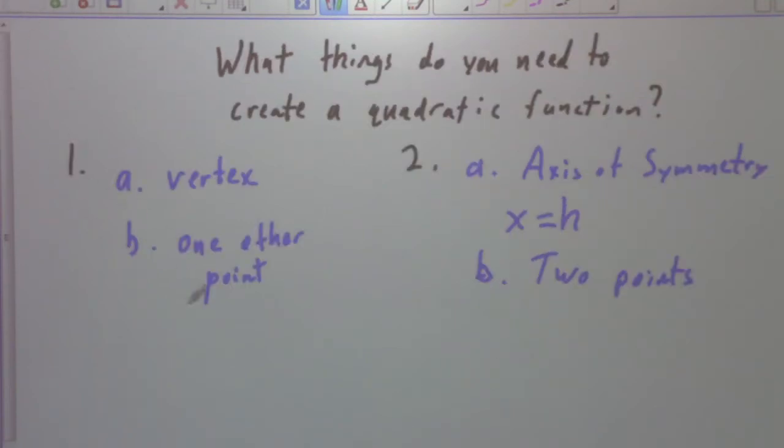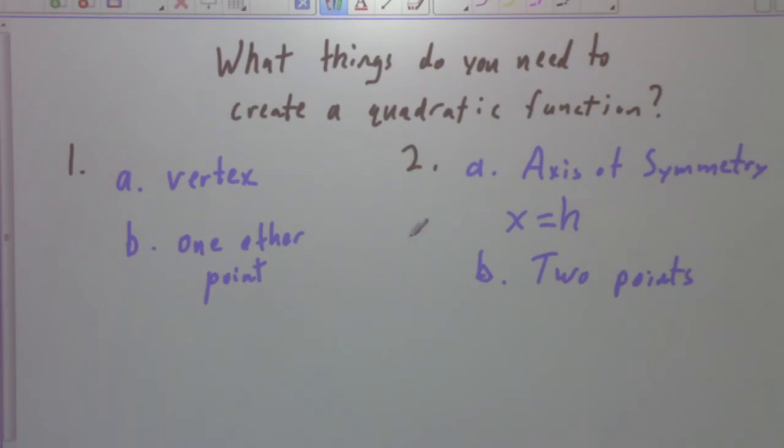And in this exercise set, we're evaluating for two conditions. The question is, what things do you need to create a quadratic function? There are two possibilities. In the first case, we need a vertex plus one other point.